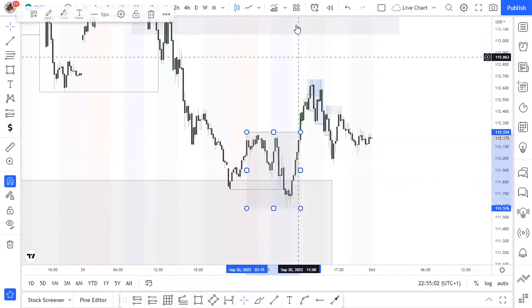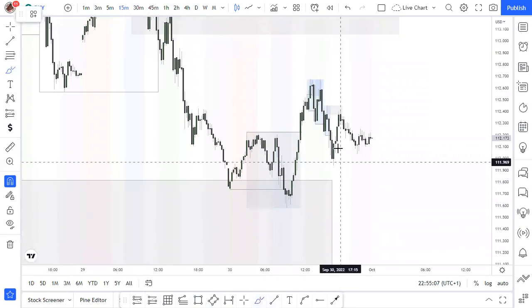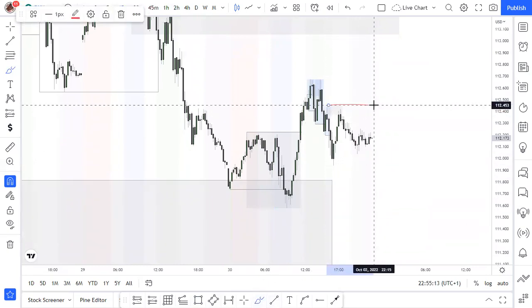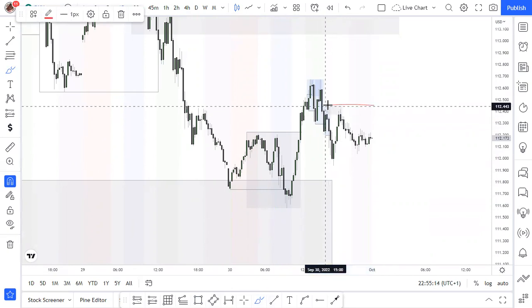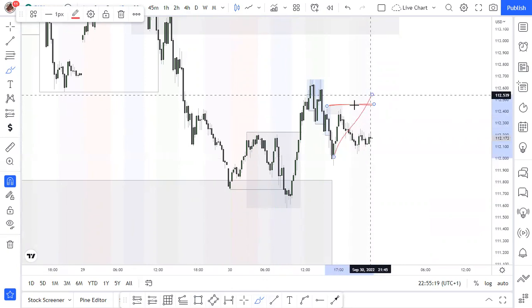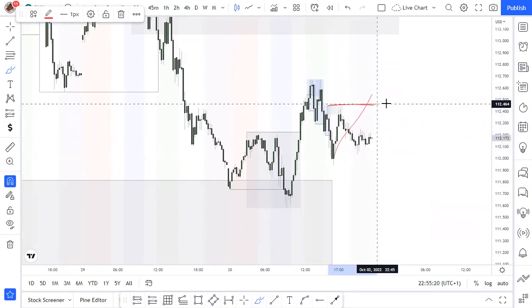If price should respect this supply range, we would want to see some kind of shift in order flow, price breaking above this high here. That's this high. So if price should break above this, we can say that we've had a shift in order flow.